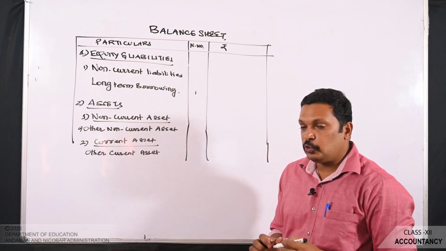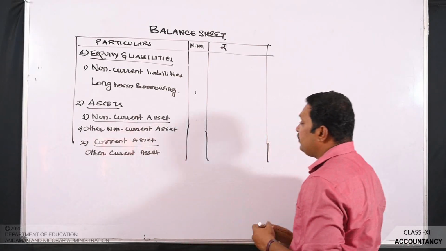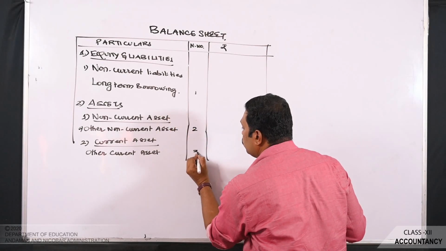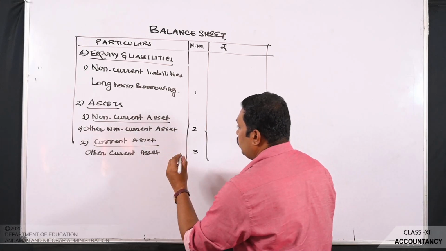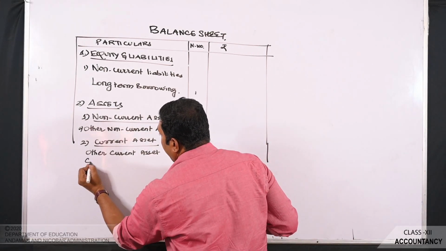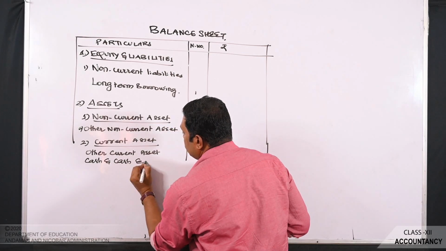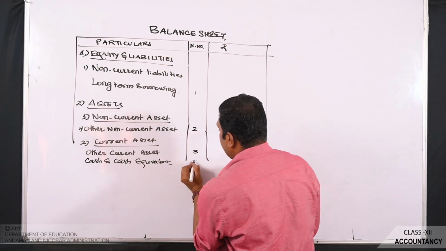Now, the problem is we don't know the actual value of that amount, so we have to prepare a separate working note. One more item is there, cash and cash equivalents. Fourth one.